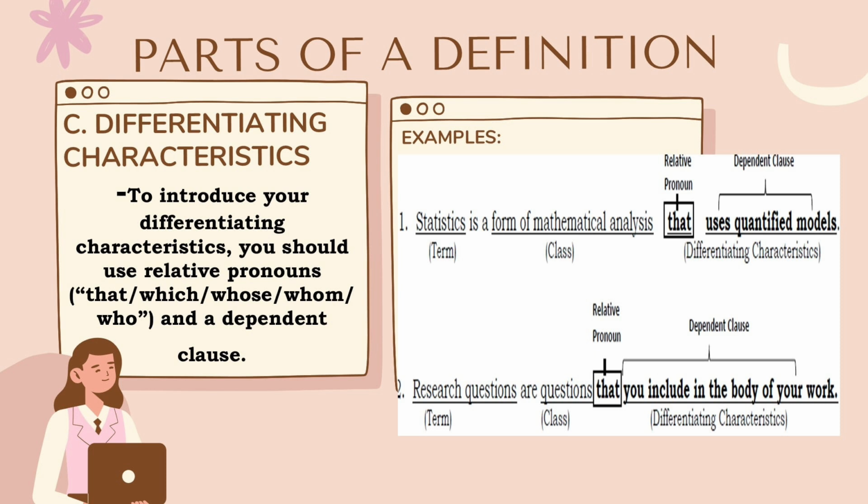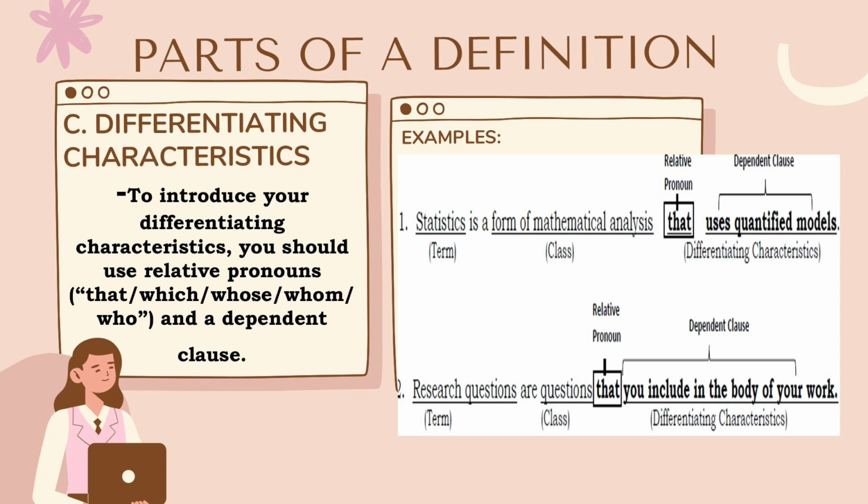In our example, we can see that the differentiating characteristic is after the relative pronoun that. This will also serve as the signal for us to write the differentiating characteristics. It always comes after the relative pronoun.